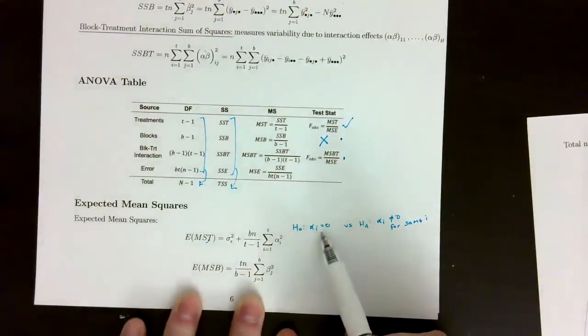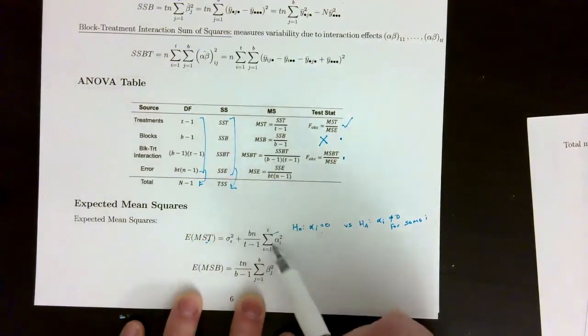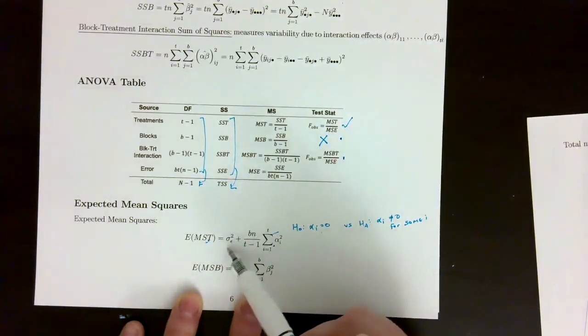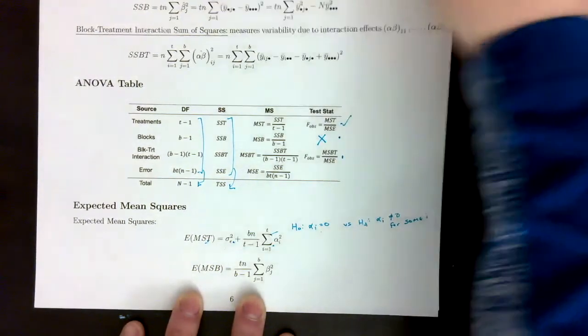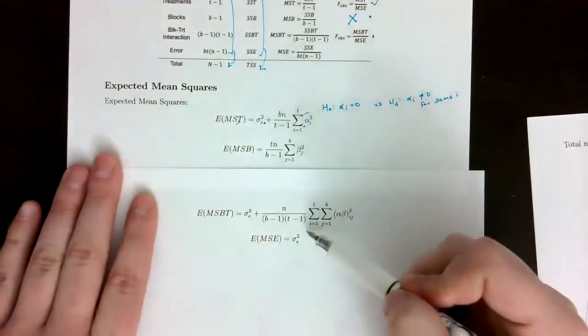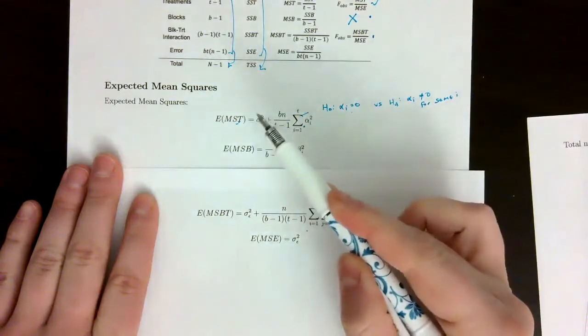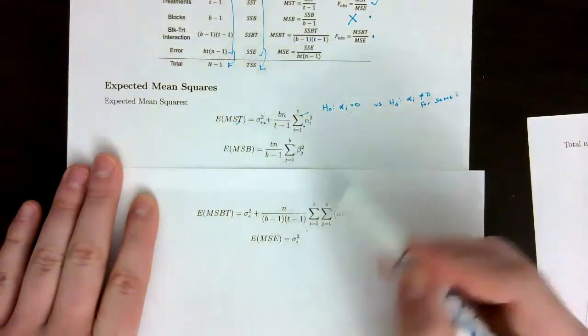And so under the null, this cancels out and we're left roughly with the sums of squares error, which we then divide by our MSE. And so it'd be sigma squared over sigma squared under the null.